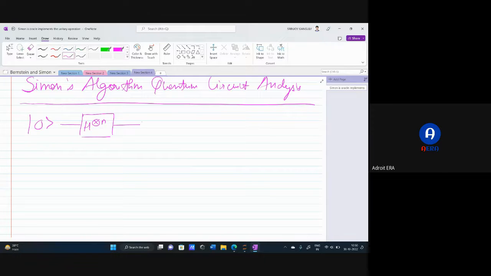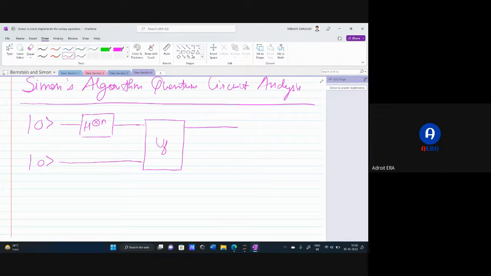Then we start with ket 0 on the second register, as I told you, and you also saw in the formula y equal to 0. Then we apply the oracle U_f.